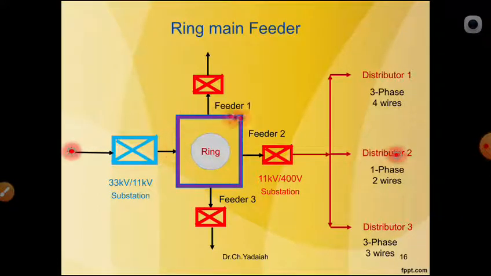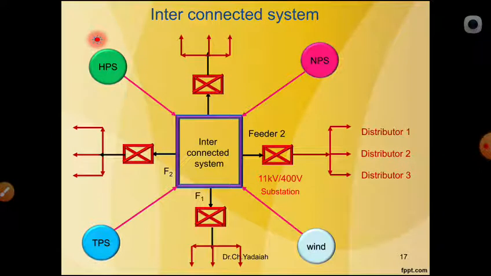And the last one is the interconnected system. Let us see that also. Now in the interconnected system, more than one generating station is connected to the network.